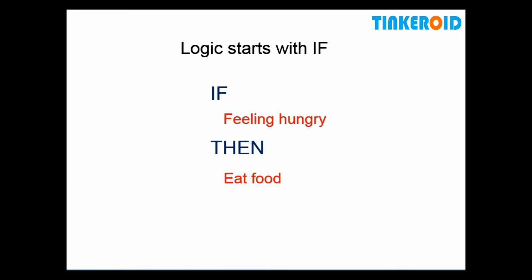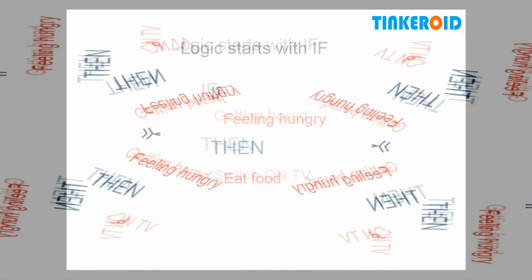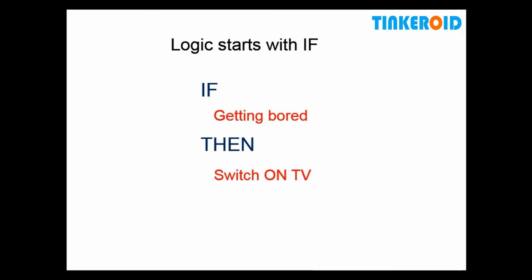Your robot may not be hungry, the statement is just for your understanding. Another logical statement: if getting bored, then switch on the TV. These are the logics which you can program into the robot. This is how we use if in the program.